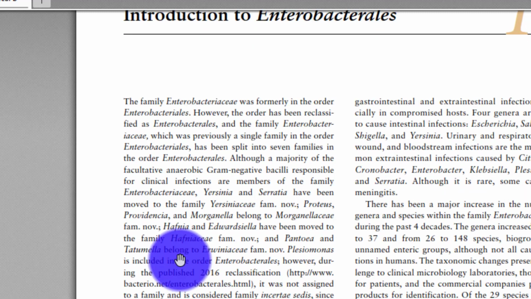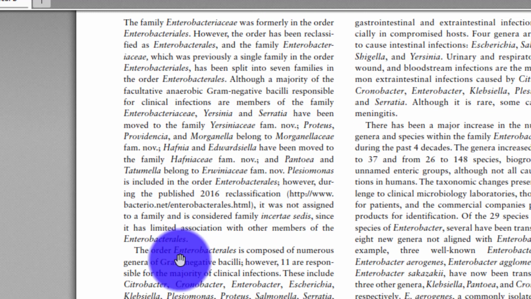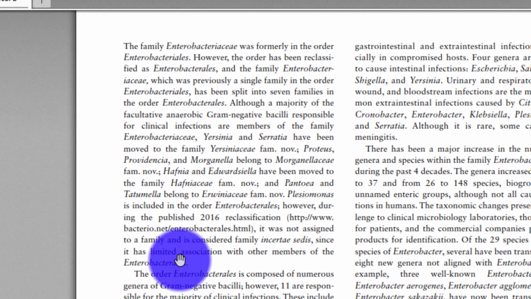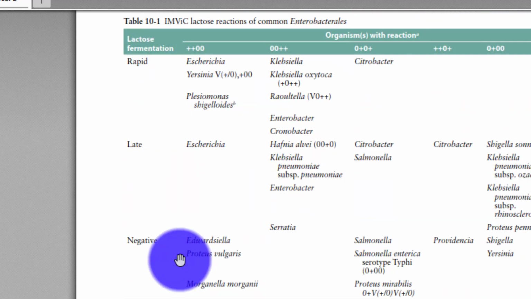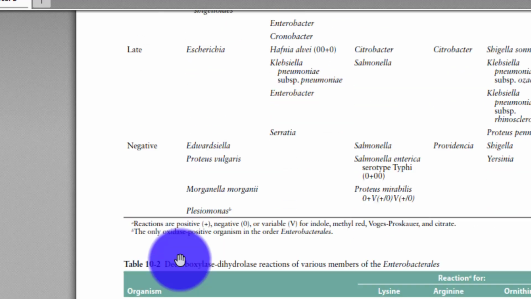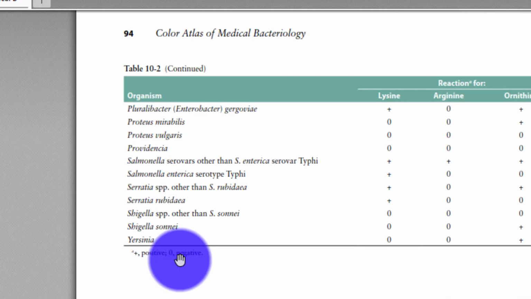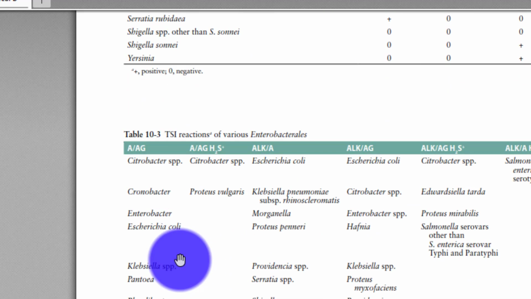Enterobacteriaceae, rapid lactose fermenters, classification.